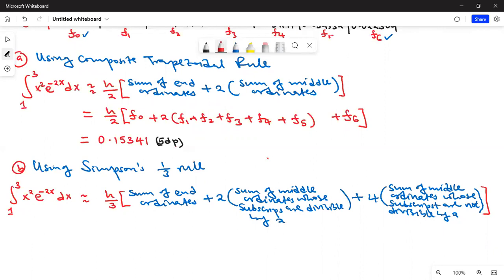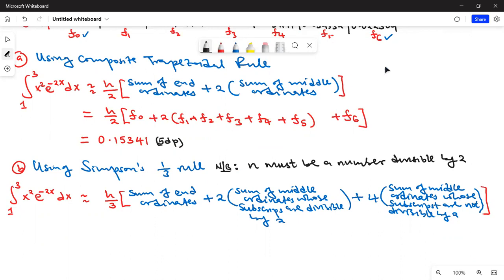Now, why do we insist that there are those that are divisible by 2, others not divisible by 2? Usually, what you need to take note of when using Simpson's 1/3 rule is that the restriction is that n must be a number divisible by 2. Look at our n.